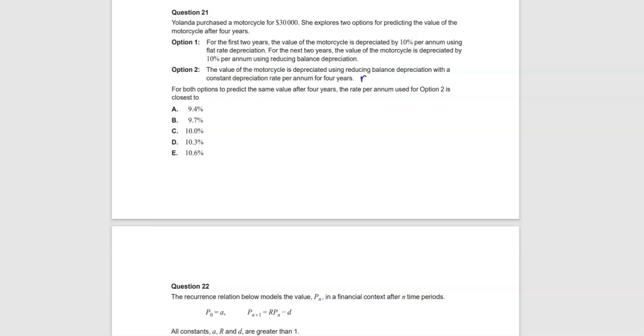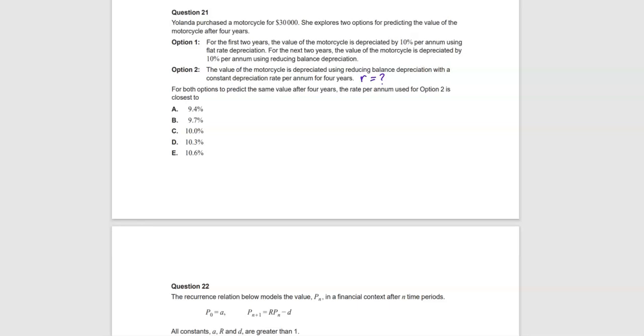So little r is what's missing here. So we can find out, because that value at 4 years for option 2 is equal to the same as option 1 after 4 years. So let's go find what the value is for option 1.